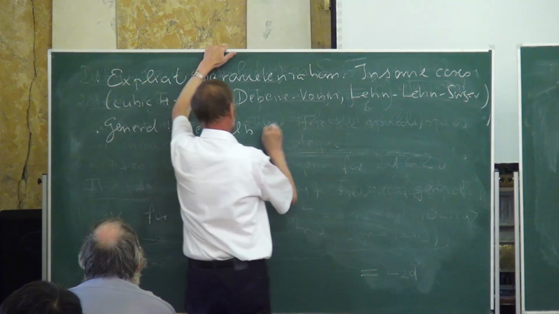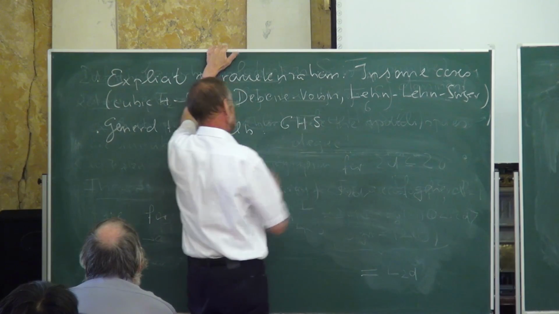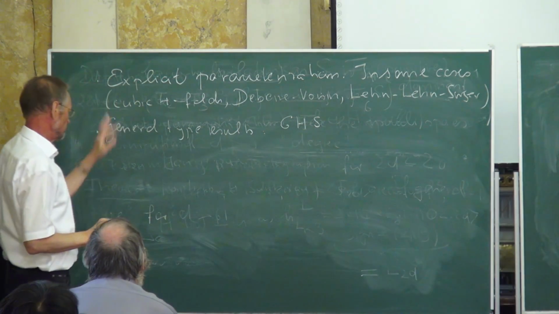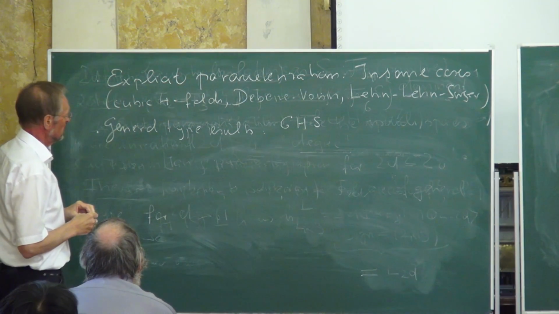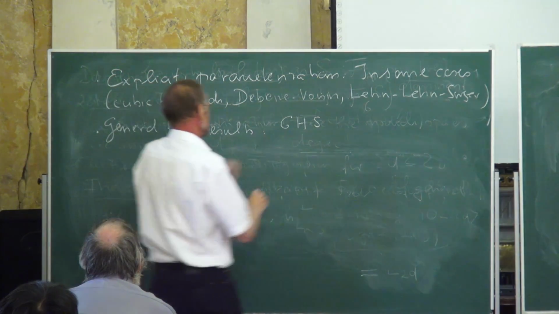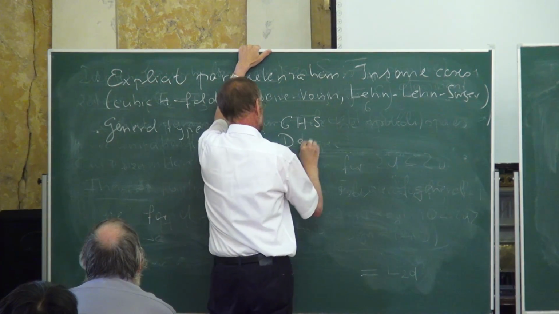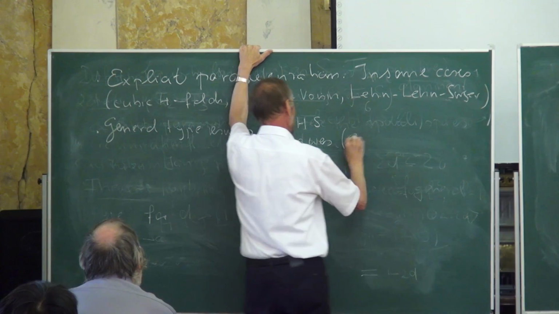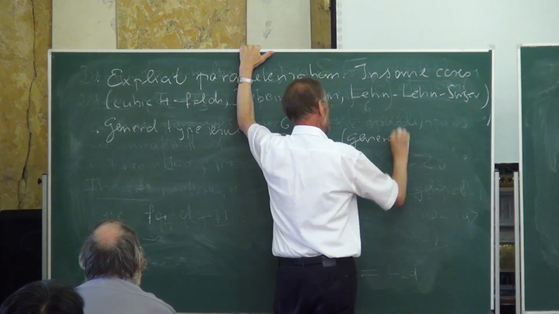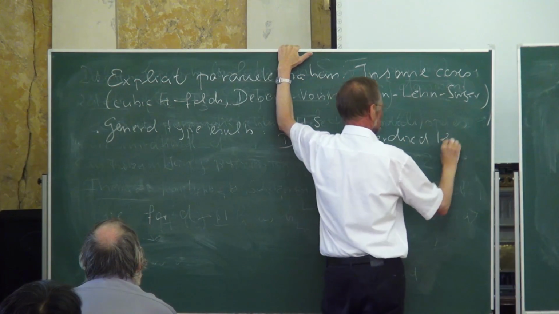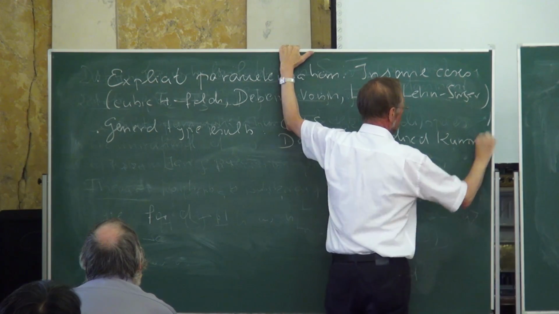So that is again GHS. We did it for some K3^[n] case, split polarization. And there were also recent results by Matthew Dawes for generalized Kummer. Yeah, we did also one of the O'Grady cases.